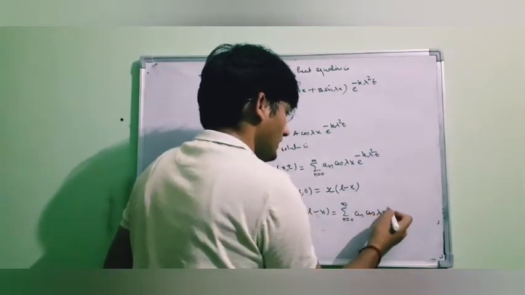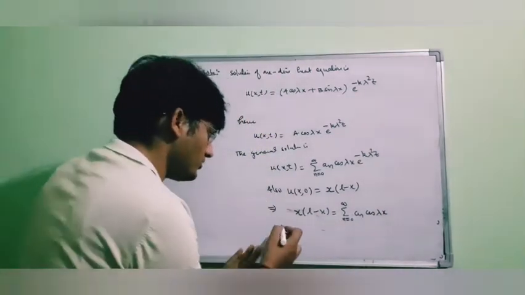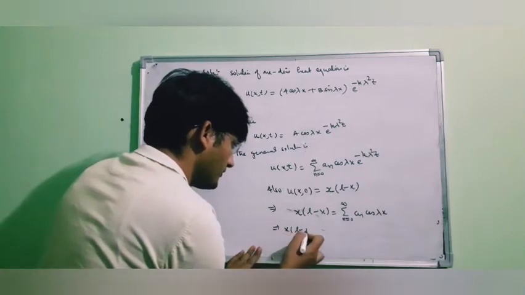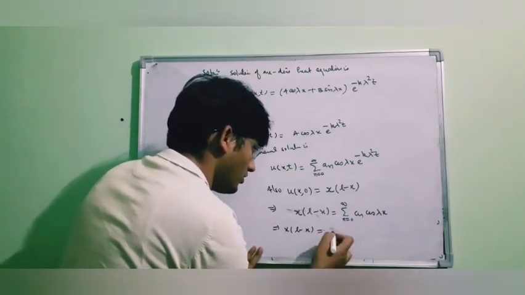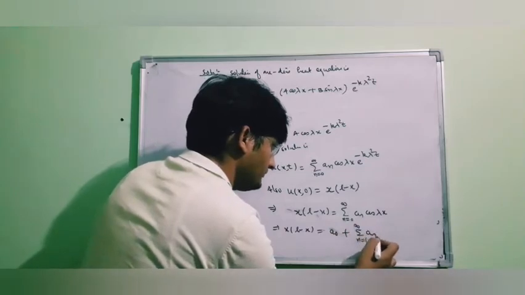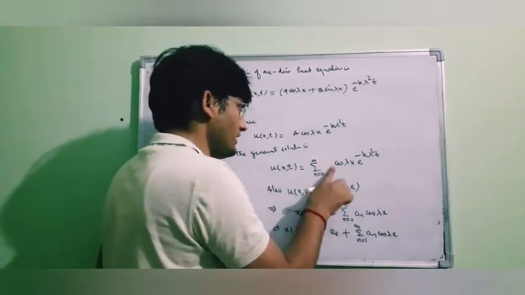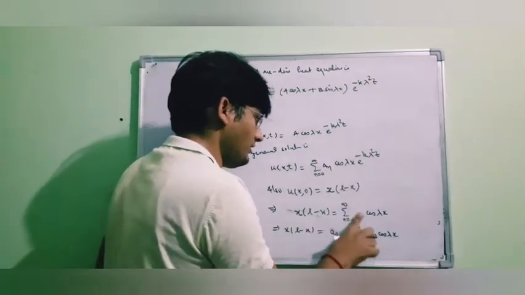Now if you put n equal to 0, then in the right hand side we will have A naught plus summation n equal to 1 to infinity of A n cos lambda x. Let us choose this A n as capital A n.